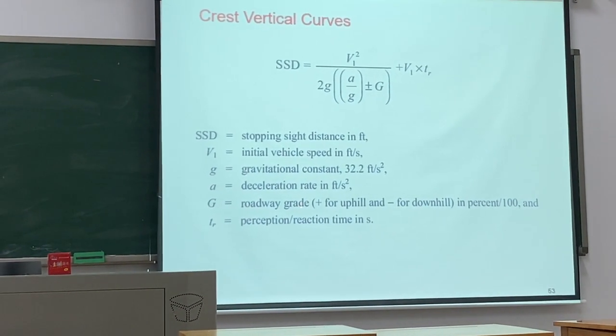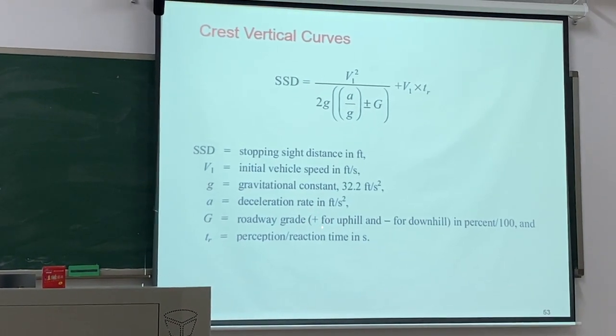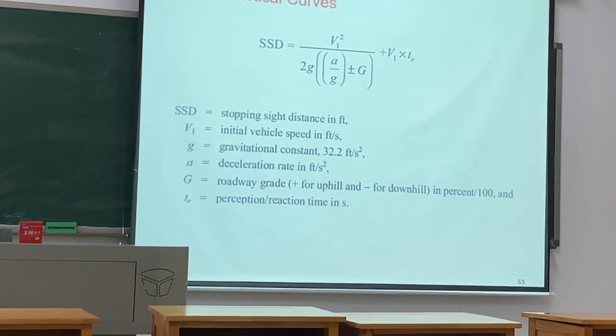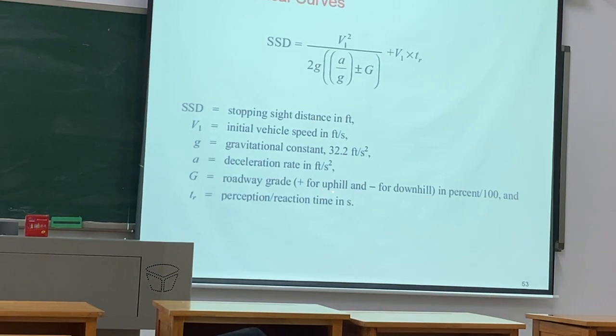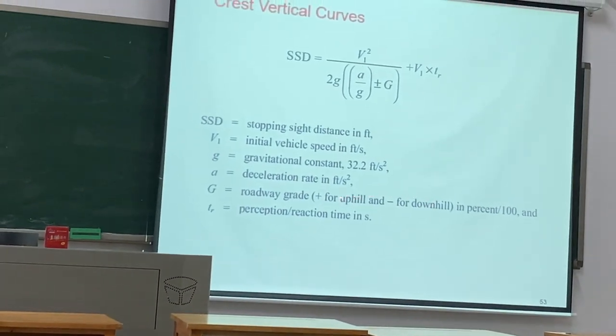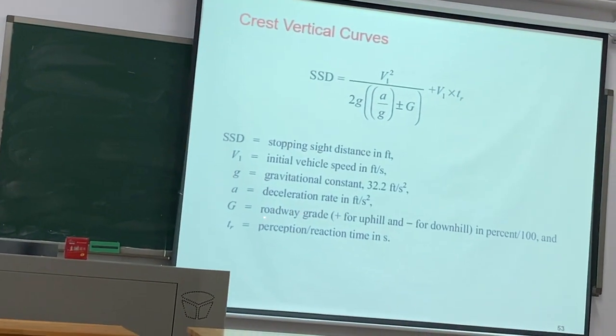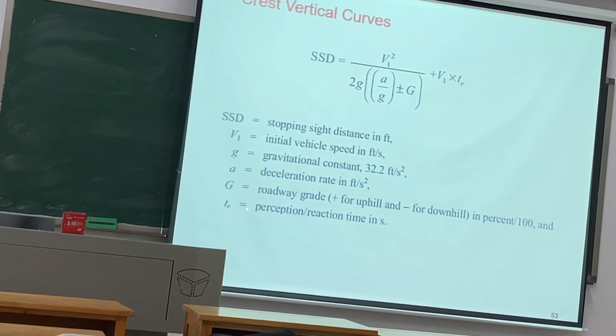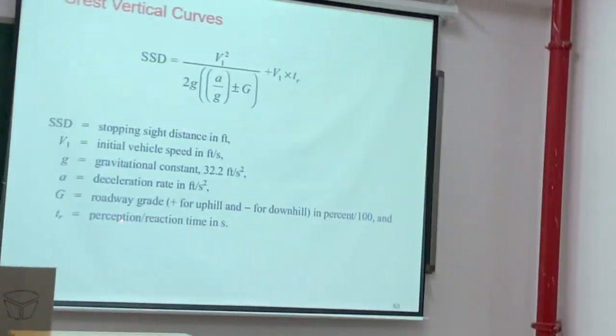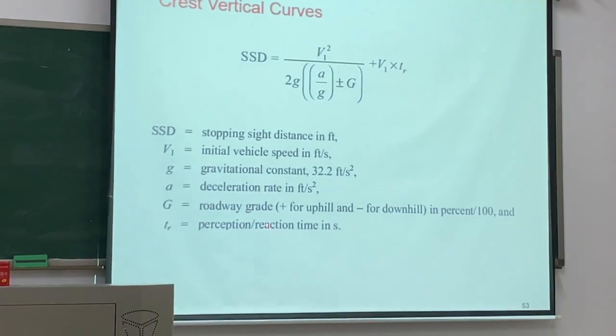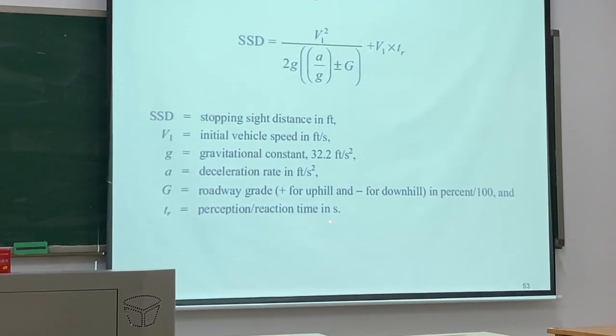G, the road grade, is in percent. The up and down versions here are obsolete; it's not right, it's minus. PR is the perception reaction time in seconds.